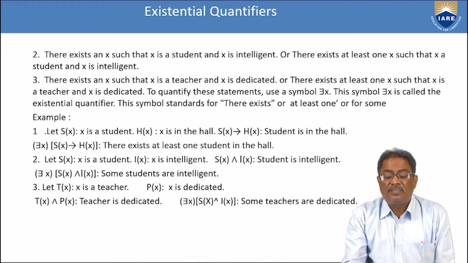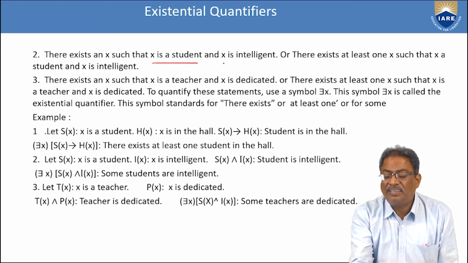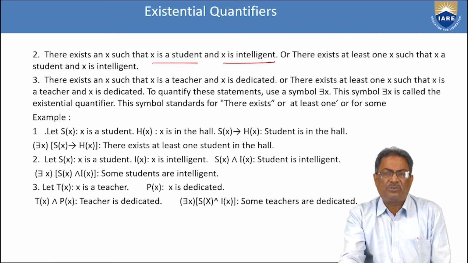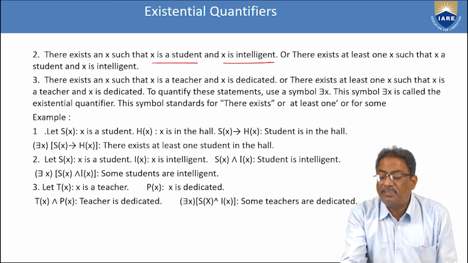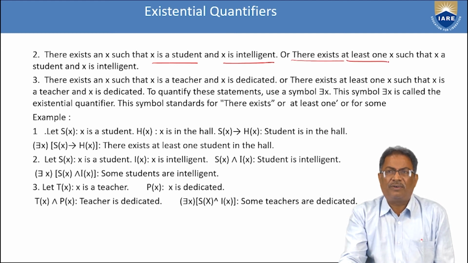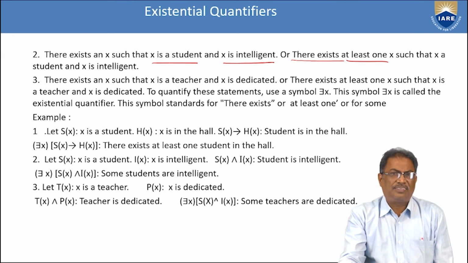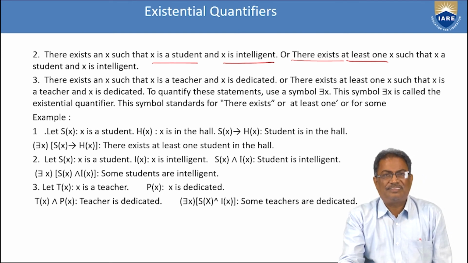Similarly, there exists x such that x is a student and x is intelligent. Not all the students are intelligent, only some of them. Some means at least one, or more than one. So at least one x such that x is a student and x is intelligent.